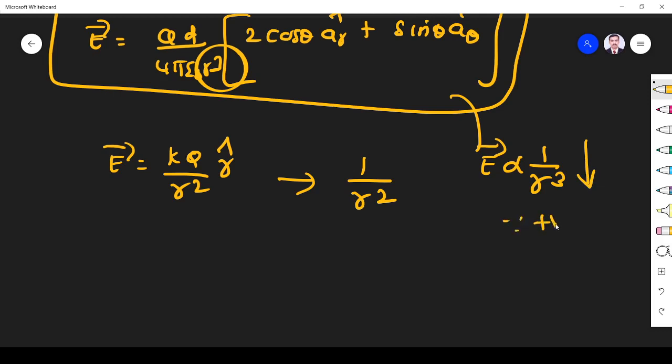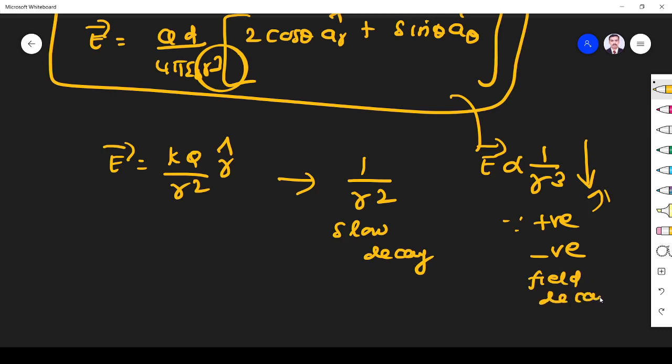Reason? The field generated by the positive charge is cancelled by the field generated by the negative charge all the time. So this will decay fast, and that will decay slowly. Here the field decays too fast. Right? So that's what we have to remember.